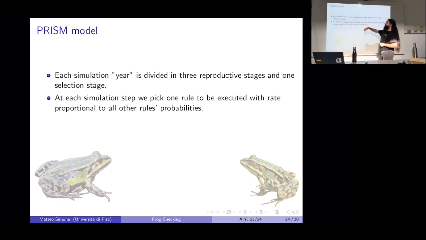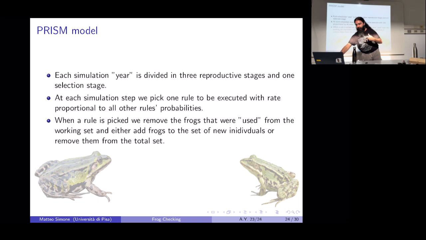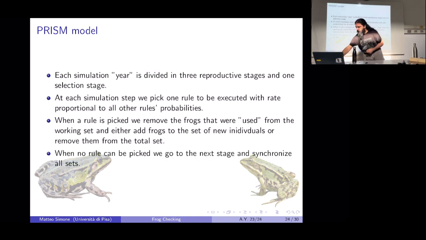At each simulation step, we pick one rule like we have seen before, so we take the probability of that rule to be applied over the total rate. If we can, then we take off the consumed frogs from the rules. We take off the frogs that were used from the working set, either add frogs, or modify the other set, if they die, they make juveniles, and so on.